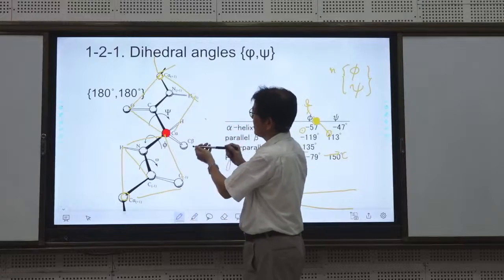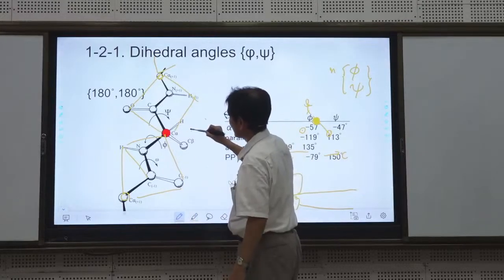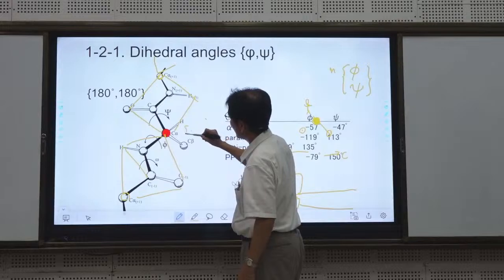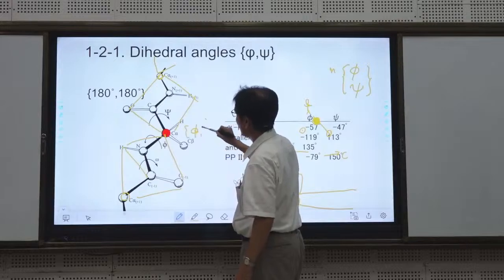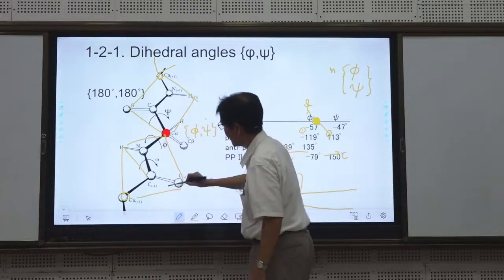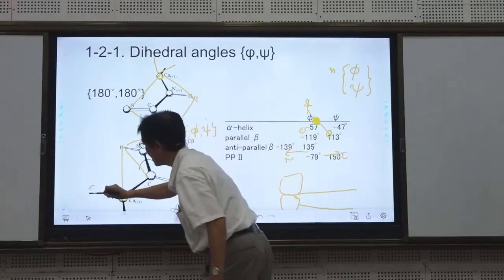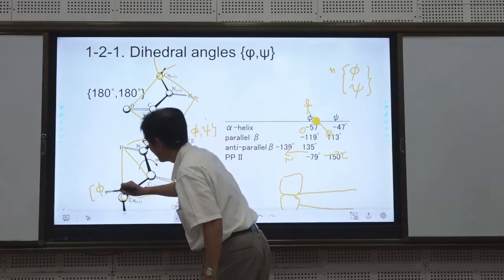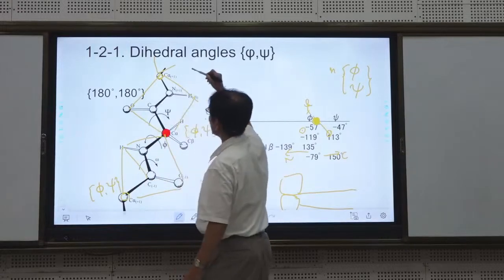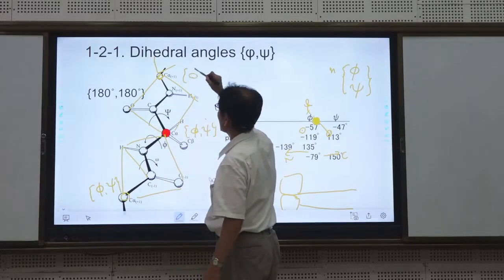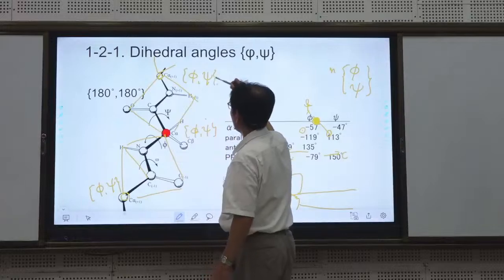So about this carbon alpha, we can calculate phi, psi. About this carbon alpha, we can define phi, psi. About this carbon alpha, we can define phi, psi.